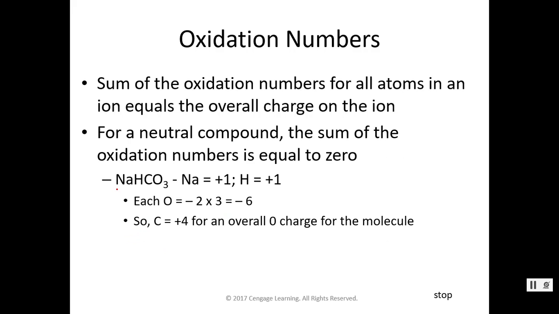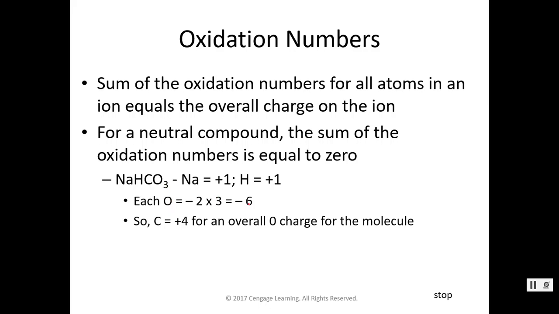So for example, if we were to do NaHCO3 and I wanted to determine the oxidation numbers for each atom, I see sodium as a monoatomic ion, so that's got to be +1. Hydrogen is +1. Oxygen, always and forever, is -2, unless it's in hydrogen peroxide.